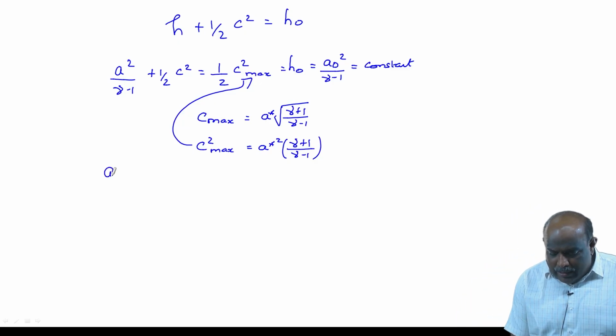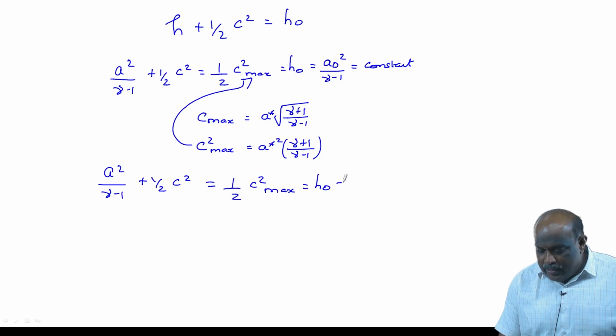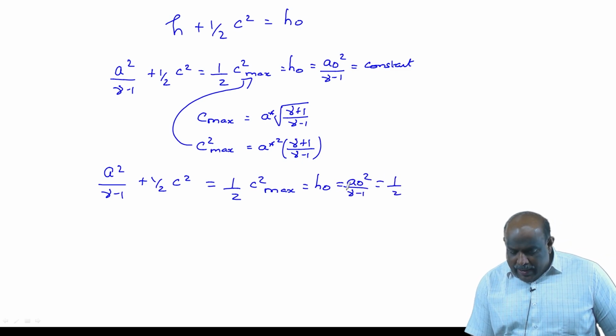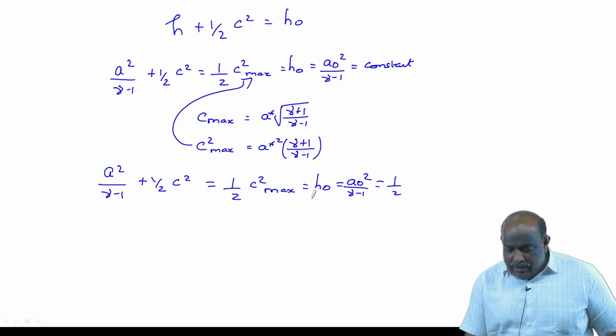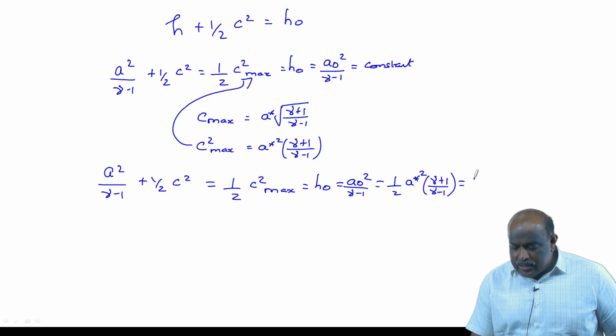A squared by gamma minus 1 plus half C squared equal to half C squared max, equal to H naught, equal to A naught squared by gamma minus 1. Still, I can write half, and inside the C squared max, I will write this value: A star squared of gamma plus 1 by gamma minus 1, which is also equal to a constant.